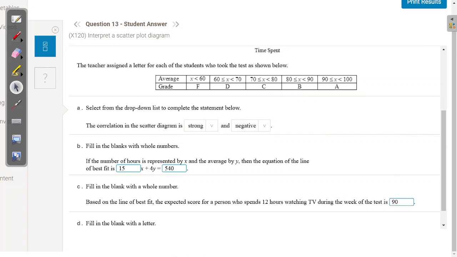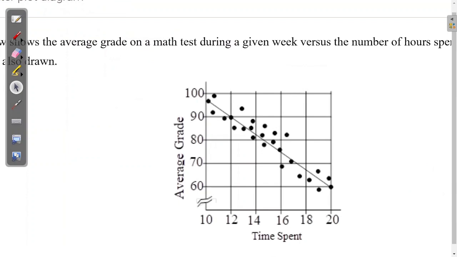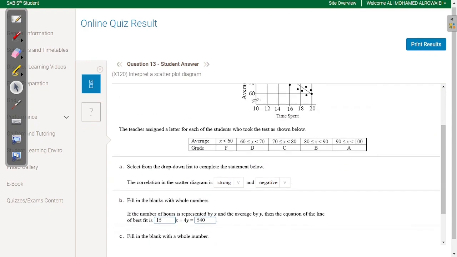Okay, so this one says 12 hours, which means the x. So 12, what's the y, or what is the grade? So you just look at 12, 90.